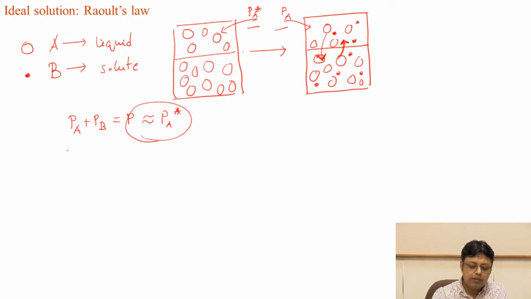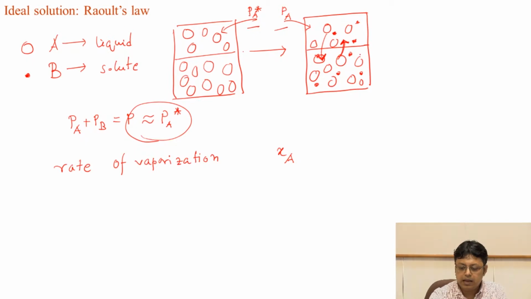So PA plus PB we are approximating to be PA star, and then at any particular temperature, the rate of vaporization will be proportional to the mole fraction of A, because it is proportional to the density of A in the mixture.